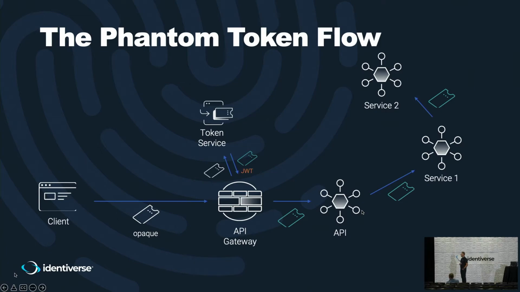You can get a JWT in the response instead of the data. The API gateway can then pass the JWT on to the APIs instead of the opaque token. We haven't issued a JWT to the client. So inside, we have a JWT. Outside, we have an opaque token.